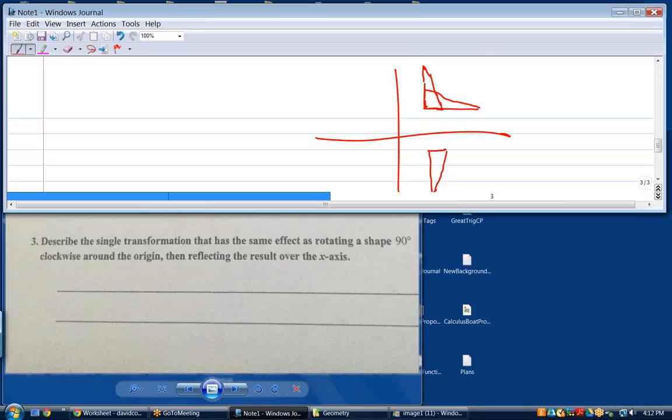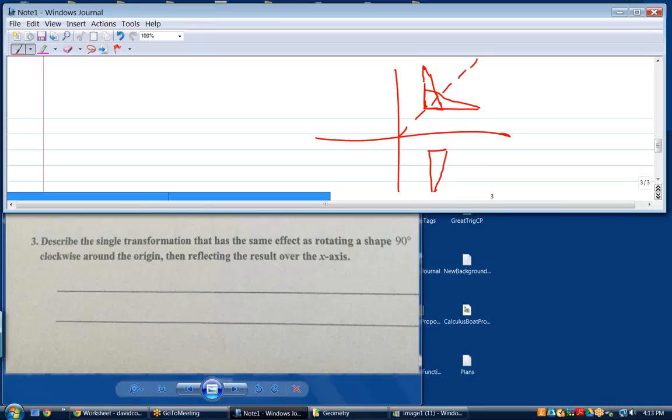So how would I take the original figure and turn it into that? Is there a single transformation that can do that? I think so. I think a reflection over the line y equals x will do it.